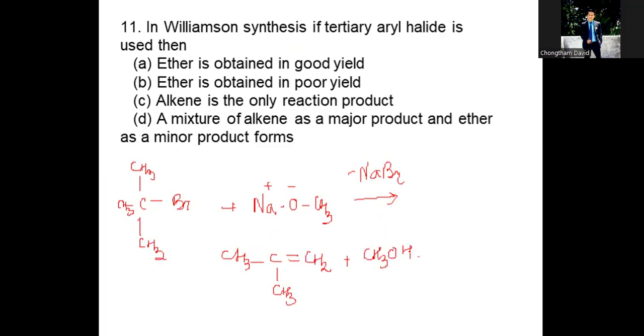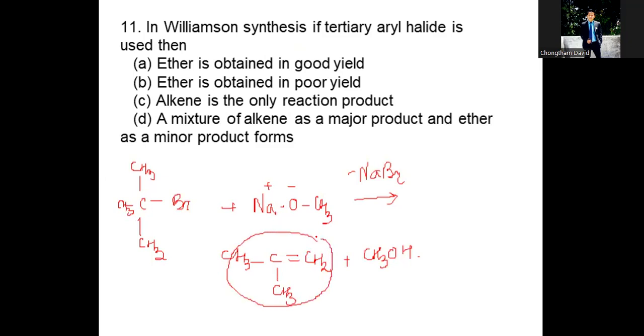So if a tertiary alkyl halide is used, alkene is the only reaction product and no ether is formed. For example, I have given you this reaction of sodium methoxide with tertiary haloalkane. It gives exclusively this 2-methylpropene, right? Methyl is a substituent.